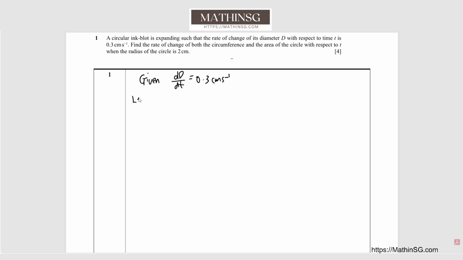Let C be the circumference and A be the area of the ink blot. Now that we have defined uppercase C and uppercase A, we can use them for the rest of the question.